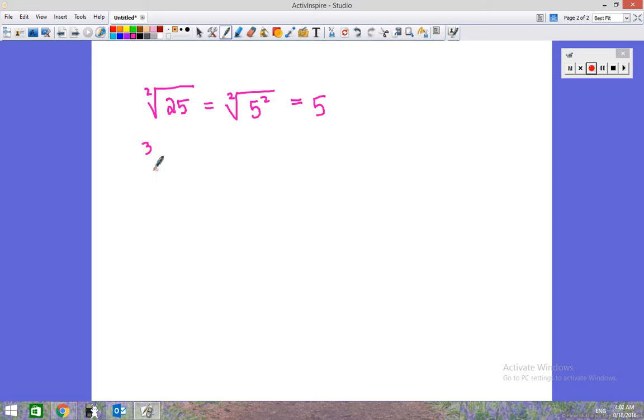If I have the cube root of 27, then again, when the index is larger than 2, we write it out. When it's 2, it's just implied. Just like if you have a coefficient of 1, it's implied. We typically just write x. Or if you have an exponent of 1, we just write x.